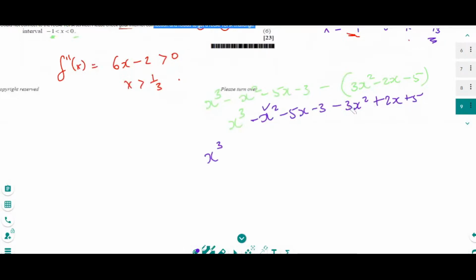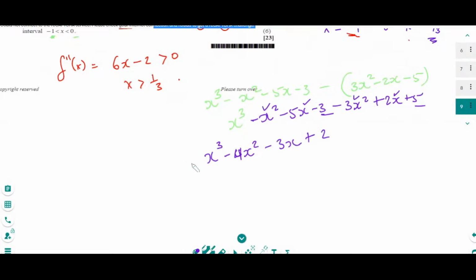Minus and minus will give me minus 4x squared. Are we on the right track? Yes. Okay. And then this and this will give me minus 3x. Minus 3 and this will give a positive 2. So this represents our distance between the two graphs.